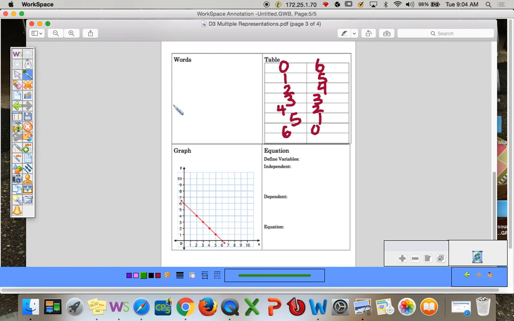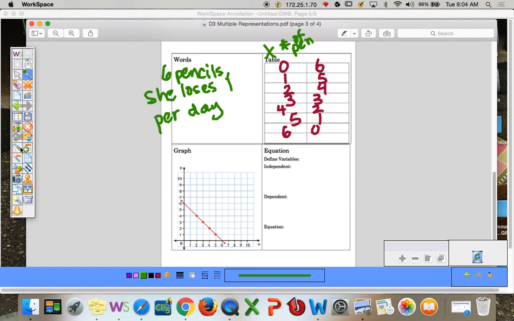Let's make up a situation. So let's say Miss Bayesian has 6 pencils. And she loses 1 per day. All right, so in that case, X would be the number of days, and Y would be the number of pencils.